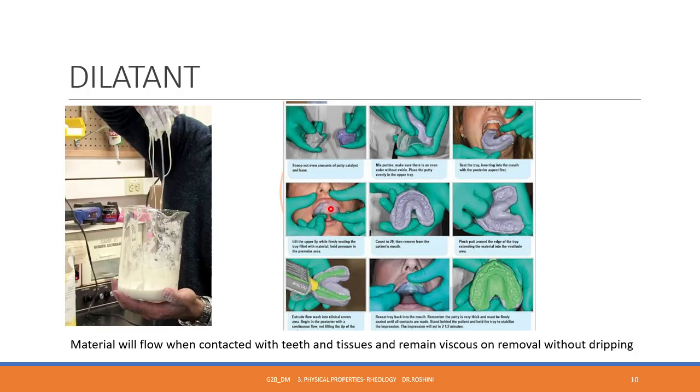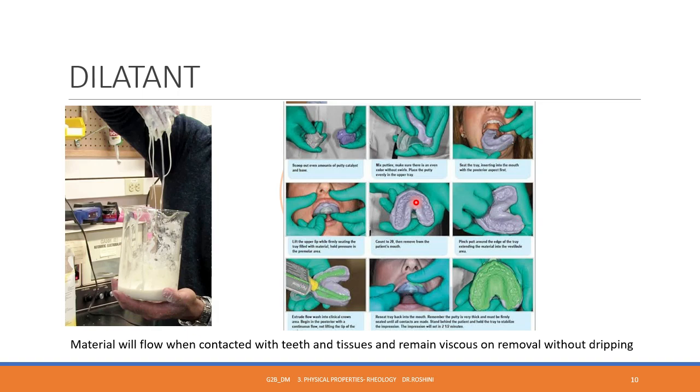Once the process of setting starts, your material will become thicker, and even though you apply a shear force to the impression tray and slightly jerk the impression tray, your material will not freely flow or freely move like your pseudoplastic. Here, on jerking, your material will be thickened and it will allow you to freely remove your impression tray from the patient's mouth and you can record a good impression.